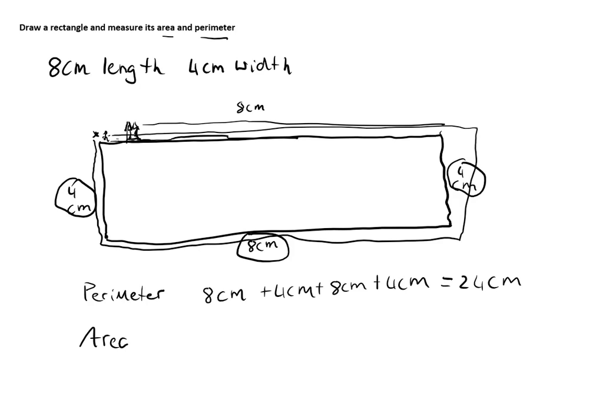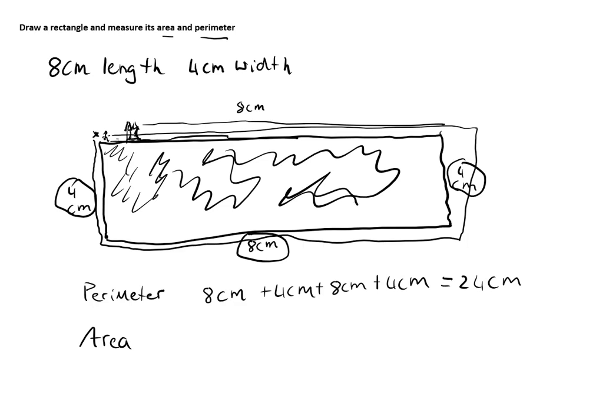Area then is a little bit different. For area, what we're actually measuring is this space inside. So all of the space inside that boundary, or if you think about all of the grass that's inside the fence around a lawn. And to calculate that then, area, we simply multiply length times width.